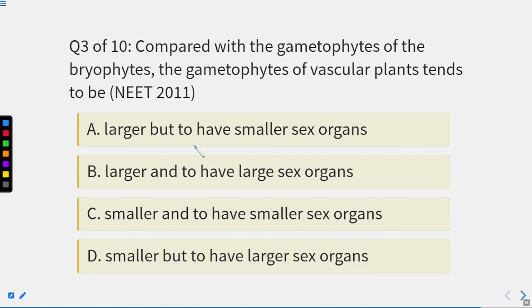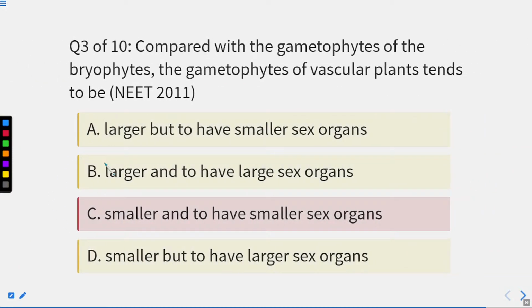Next question. Compared with the gametophytes of the bryophytes, the gametophyte of the vascular plants tends to be larger but to have a smaller sex organ, larger and to have a large sex organ, smaller and to have a smaller sex organ, smaller but to have a larger sex organ.